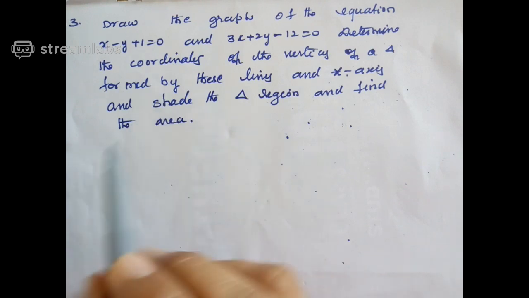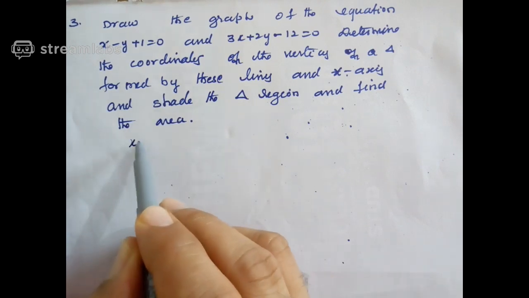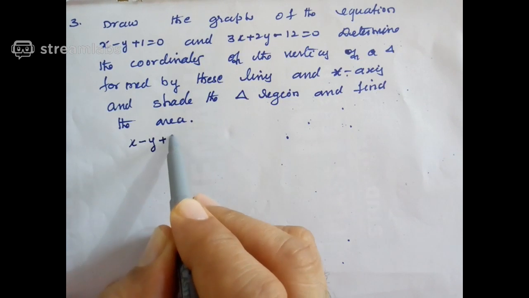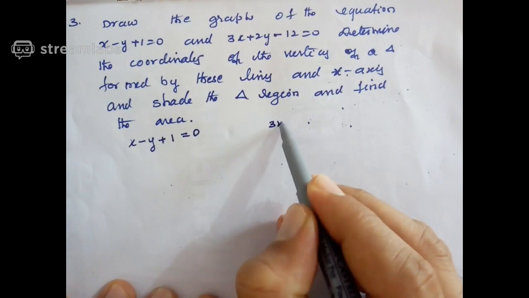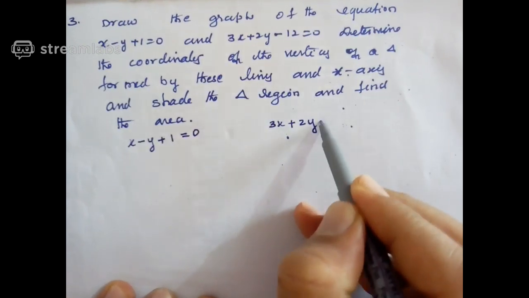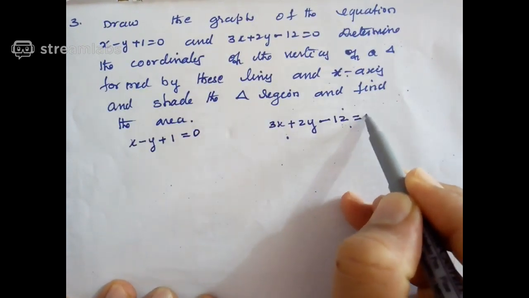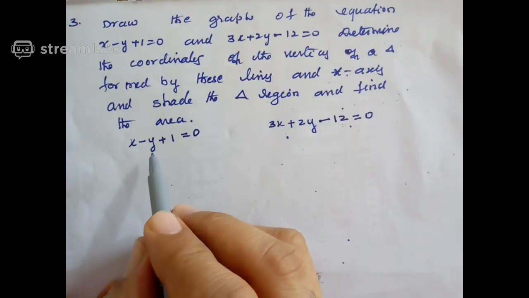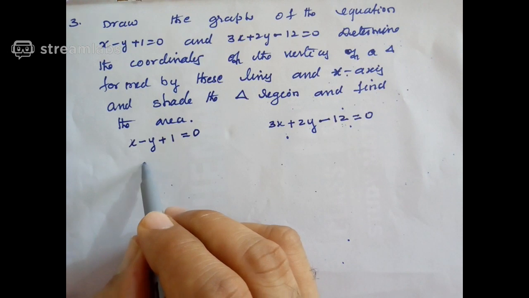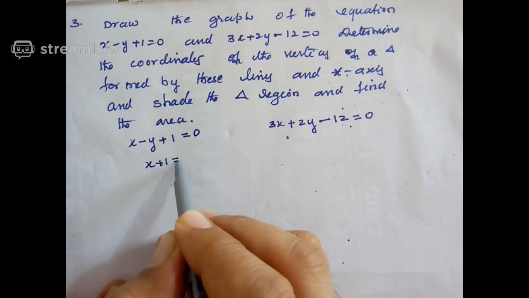See here, two equations are given, a pair of linear equations: x minus y plus 1 is equal to 0 and 3x plus 2y minus 12 is equal to 0. Now write in the standard form, that is y is equal to ax plus b. So x plus 1 is equal to y.